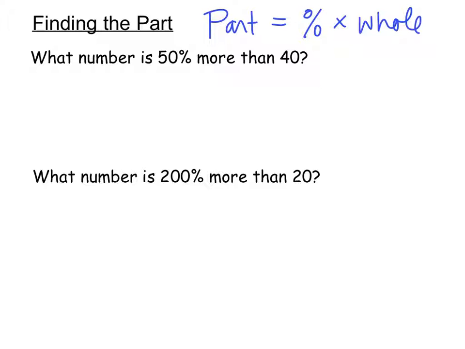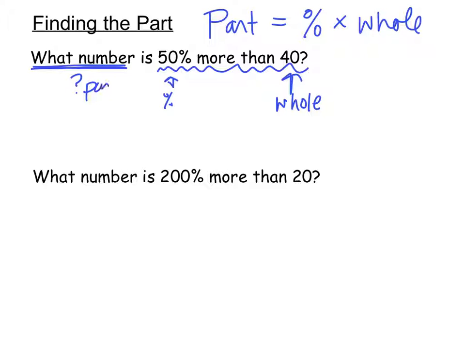So, "what number" is my question, okay? And then I see 50% more than 40. 40 is my whole in this case. 50% is clearly my percent. And then what number is going to be my part?